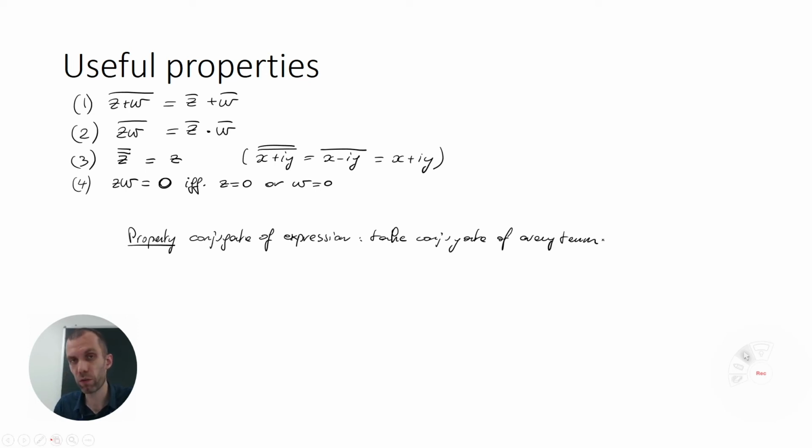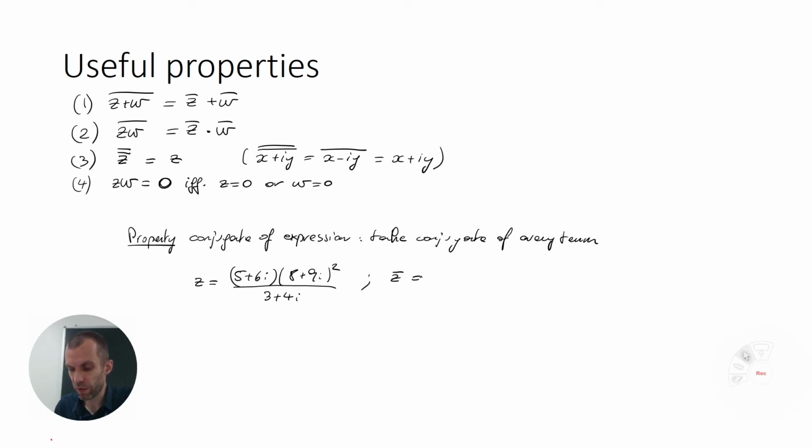So in particular, don't write out what the expression is, just conjugate each term and then see what you get. So for instance, let's say we have z equal to (5 plus 6i) times (8 plus 9i) squared divided by (3 plus 4i). So then you could work this out and figure out what complex number it really is.